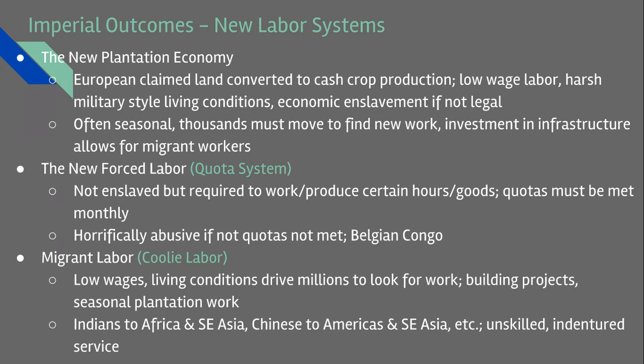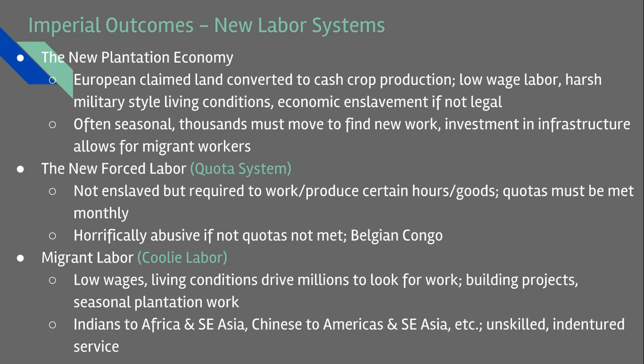Hands are cut off with machetes if quotas are not met, beatings, whippings, in some cases, kidnappings, and the family members and children of people are held for ransom if they don't meet their quotas. So, this new system of forced labor, although not legally slavery, essentially matches the dehumanizing process that chattel slavery saw in the Americas in the 16th century.